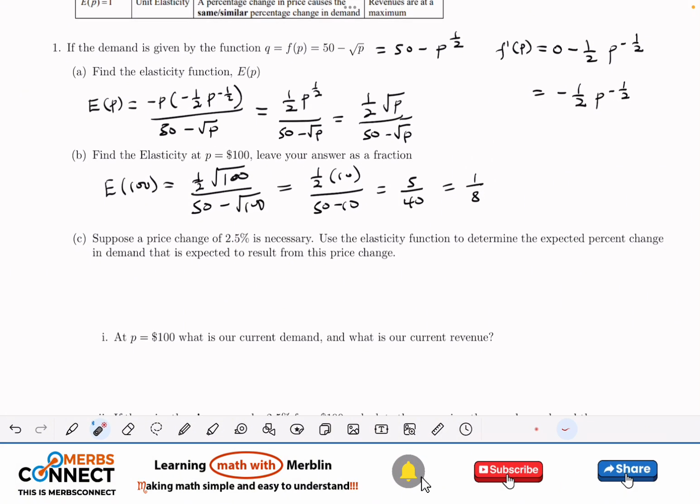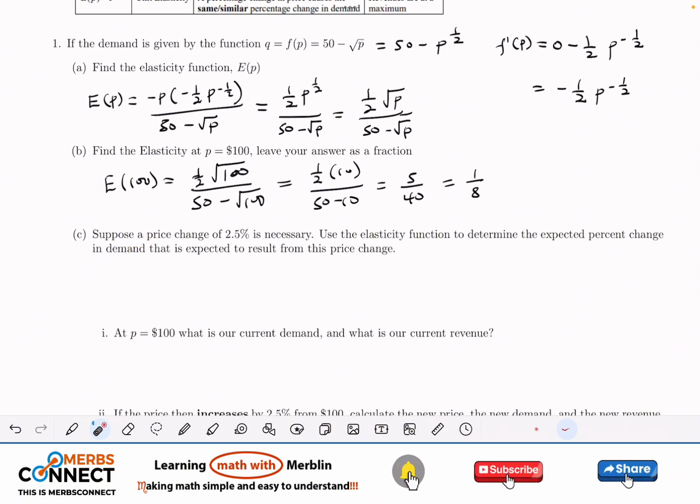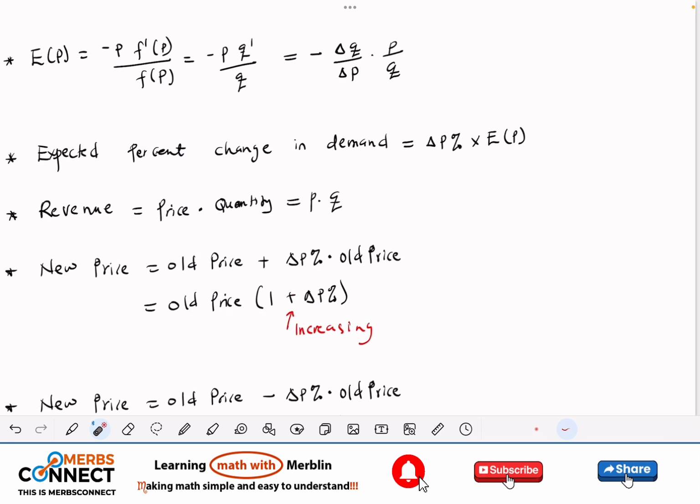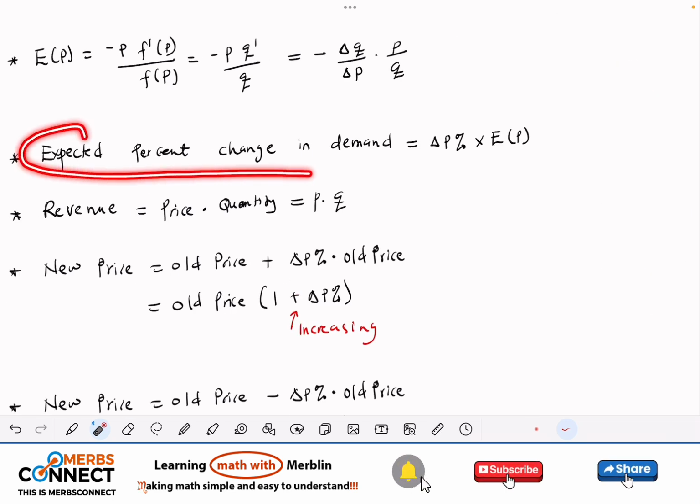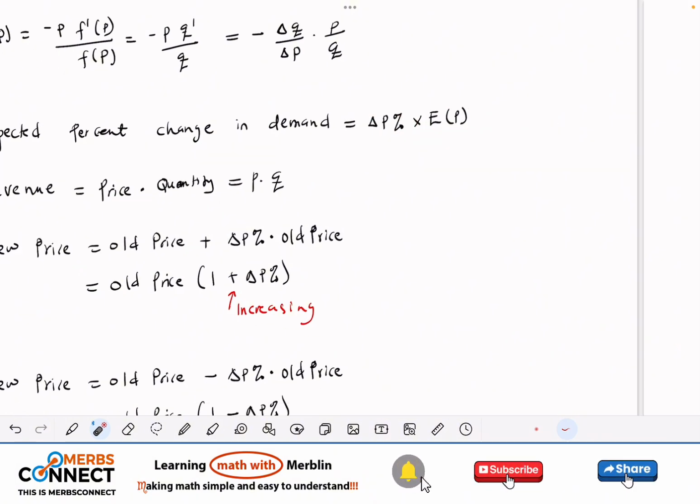Right? So suppose a price change of 2.5% is necessary. Use the elasticity function, which is this one, to determine the percentage change in demand that is expected to result from this price change. So as we said, the expected percentage change in demand is the change in price times the elasticity, right?